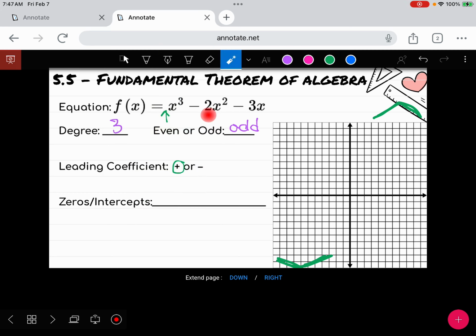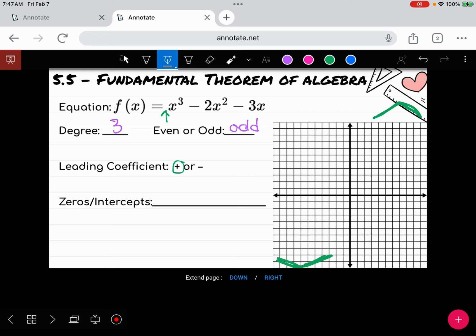What can I do to this thing as a first step when we're factoring? What should we always check for first? Check for GCF.